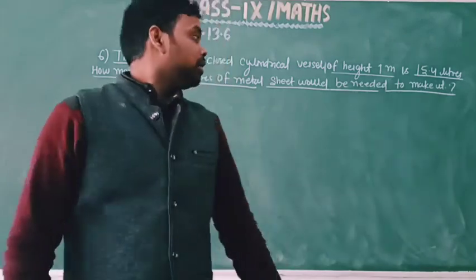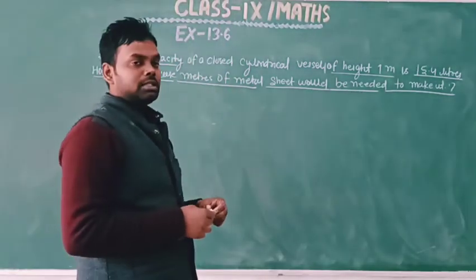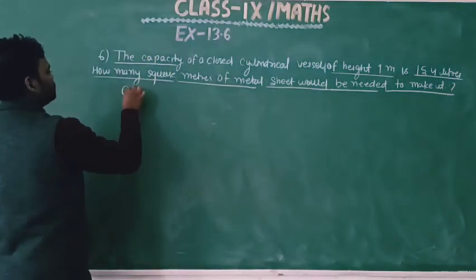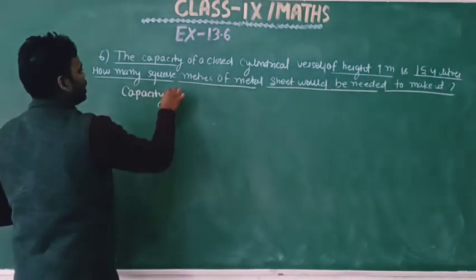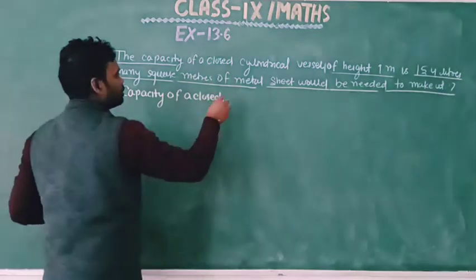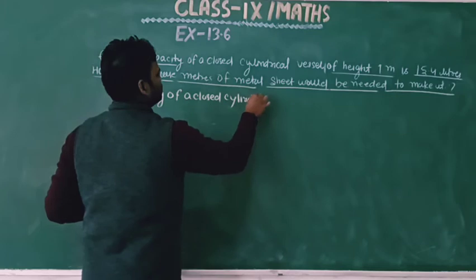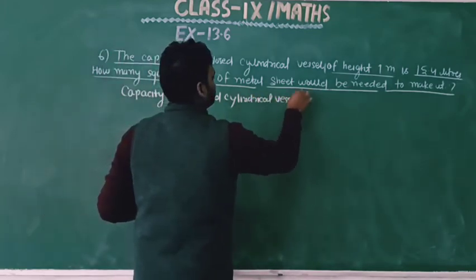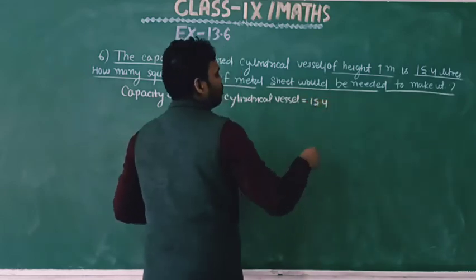Okay, children, so the capacity of a closed cylindrical vessel is given, equal to 15.4 liter.